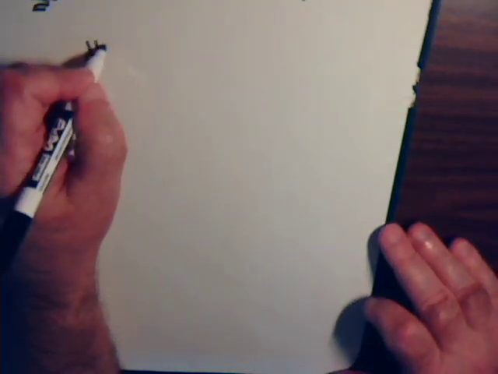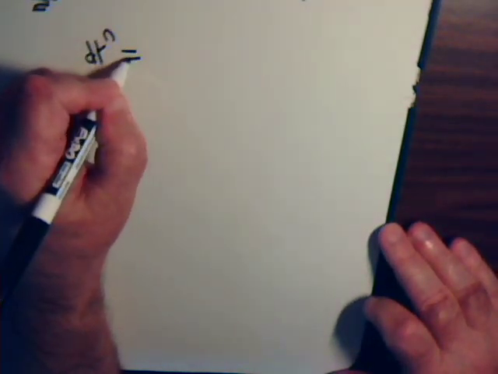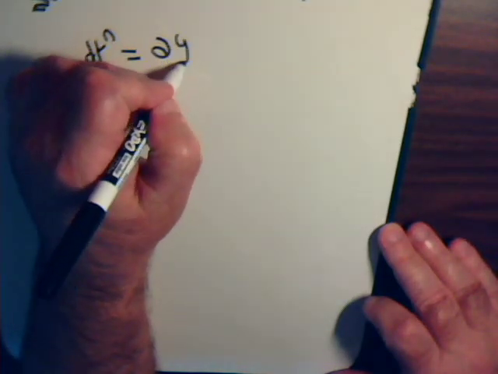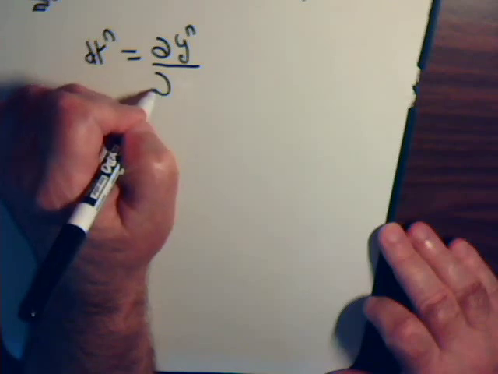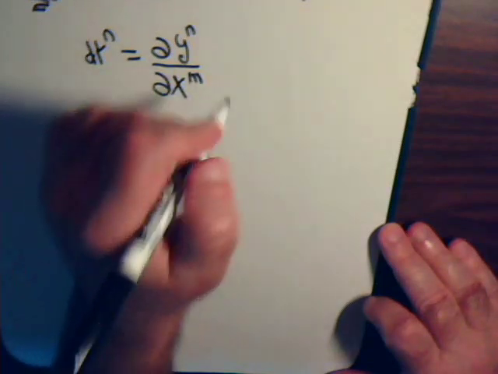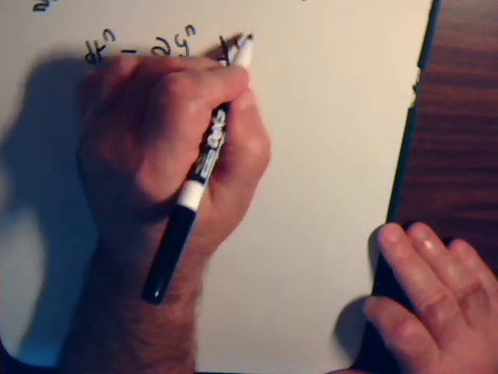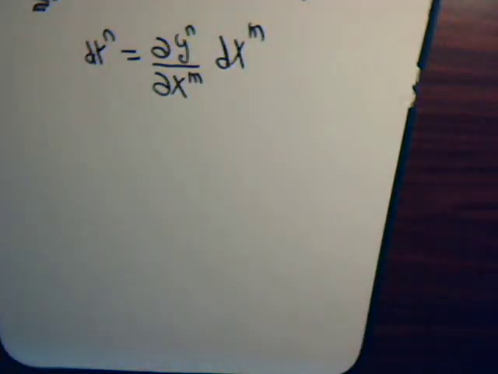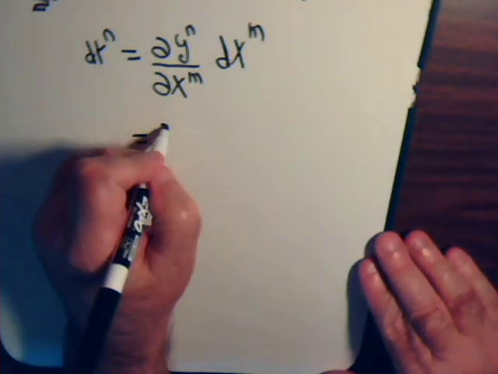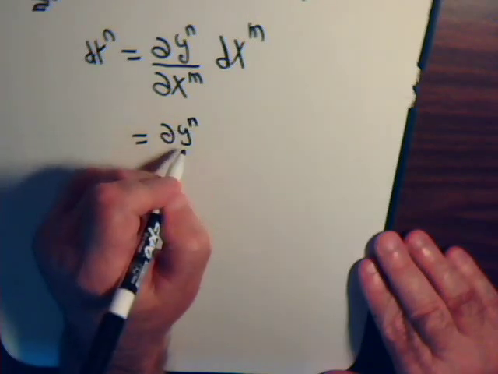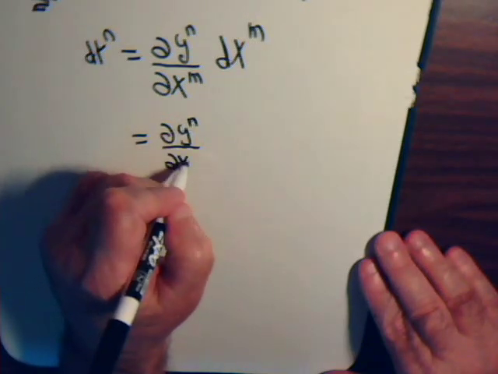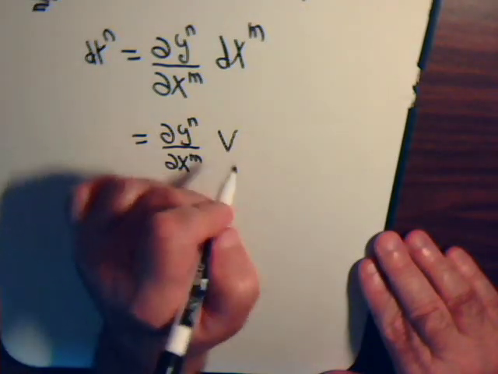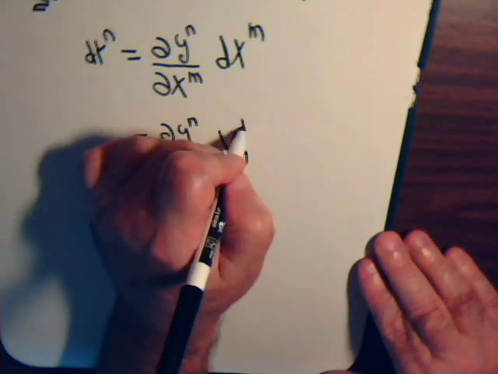Okay, so we have this equation that dyn equals the partial of yn with respect to xm times dxm. Now, let's generalize this. Let's suppose we have this kind of a situation. Same types of derivatives, only here I'm going to write this in.